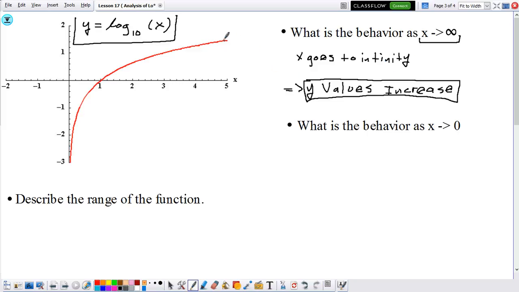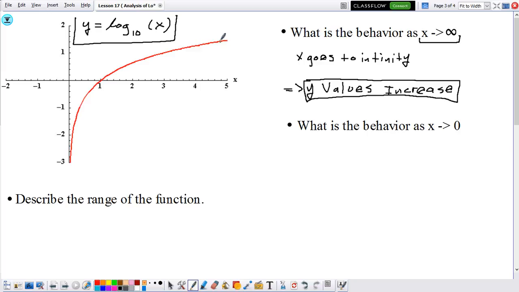So now let's see. Pick any point. What happens as your x starts going towards 0? Remember that 0 is on the left side. So let's start here. What happens to my y values as I'm getting closer and closer to x equals 0? It's the opposite of the above statement. When x goes to infinity, y increases.